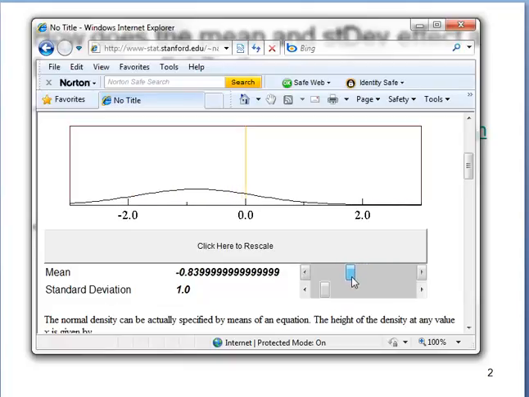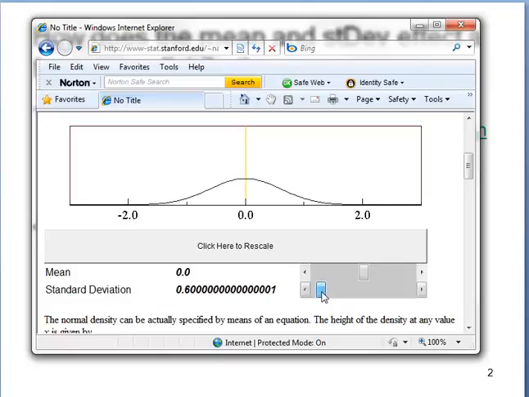Coming back to 0, if I can get myself back to exactly 0, notice what happens if the standard deviation is decreased. As the standard deviation decreases, or the deviation of each piece of data from the mean, the curve spikes even more than it does if it is less.